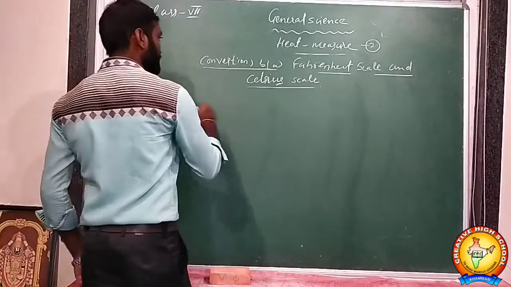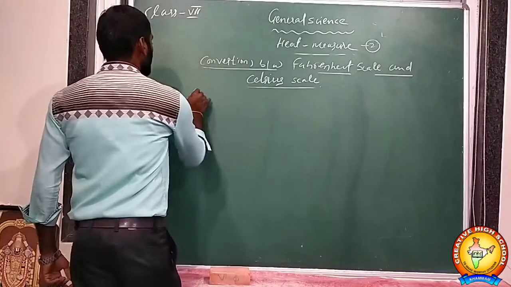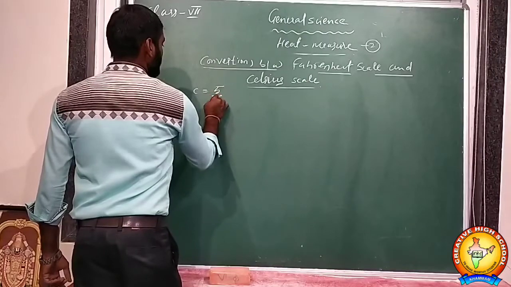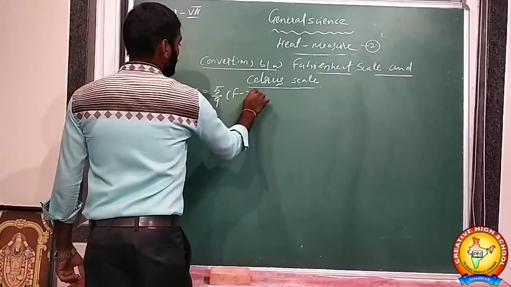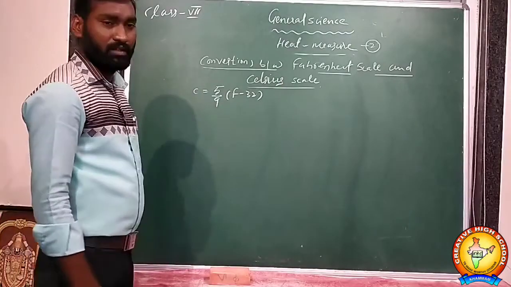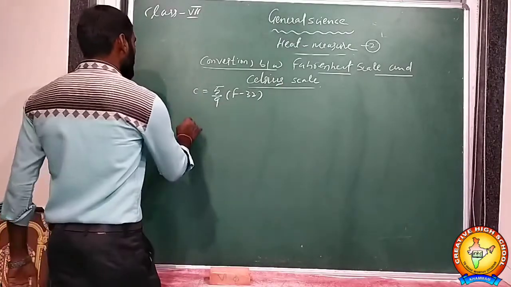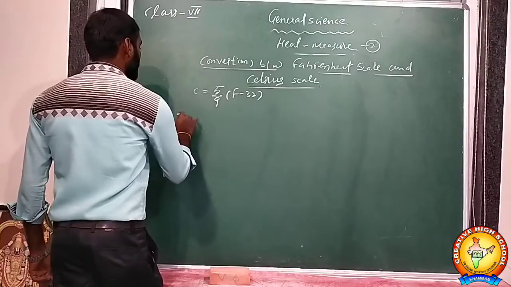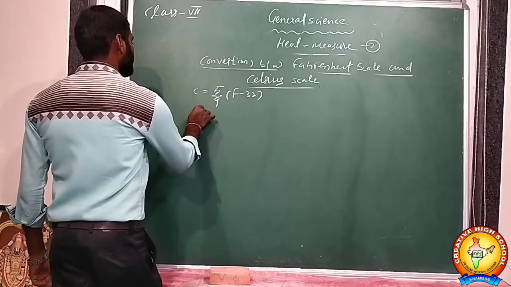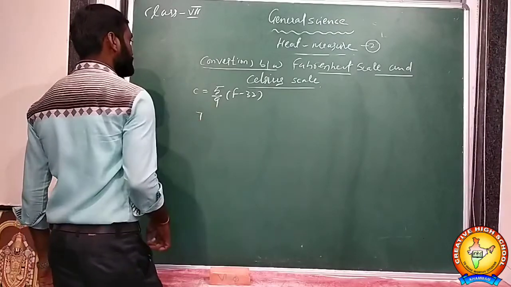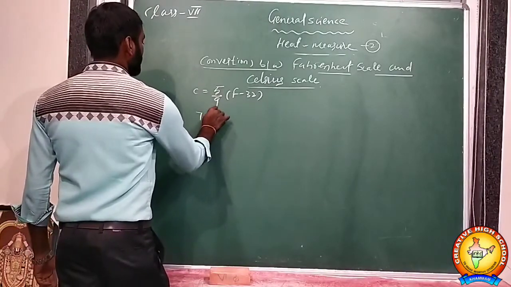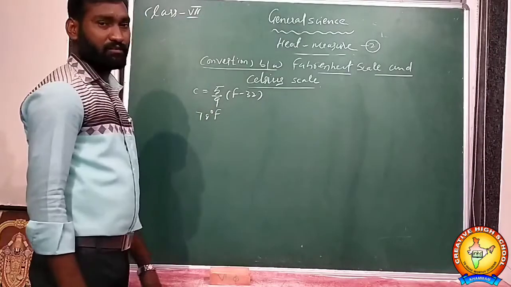So what is the formula for conversion from Fahrenheit to Celsius? C is equal to 5 by 9 (F minus 32). I am going to explain one more example. For example, a person has a temperature of 78 degrees Fahrenheit.